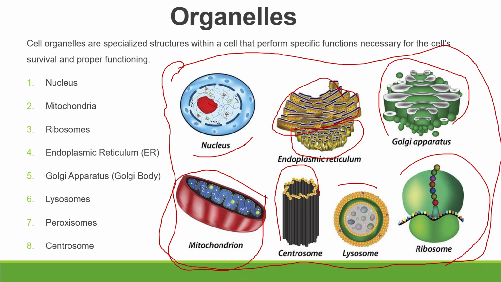The ribosome structure you can see here is where our translation happens. So this is all about the cell organelles, which are specialized structures performing their specific functions needed for the cell's proper functioning and survival.